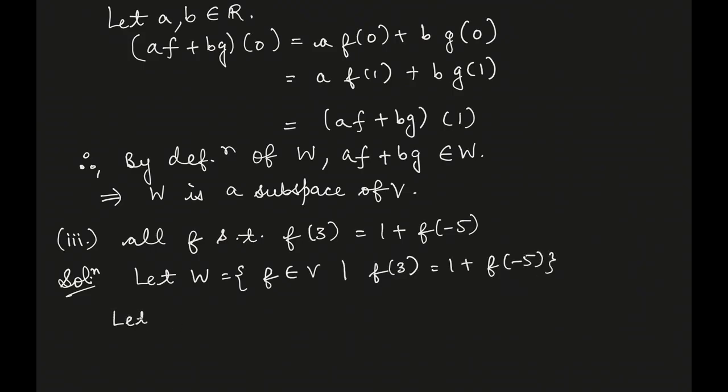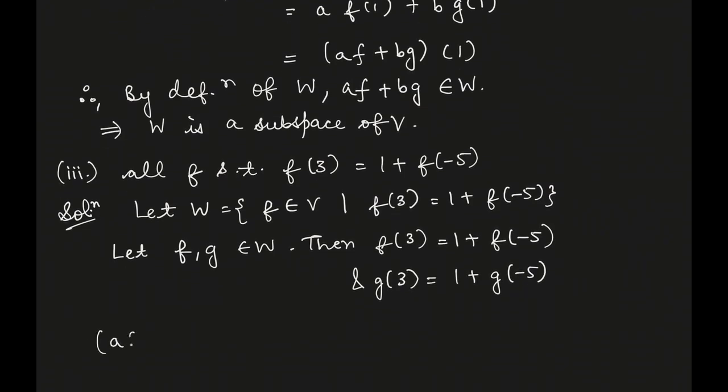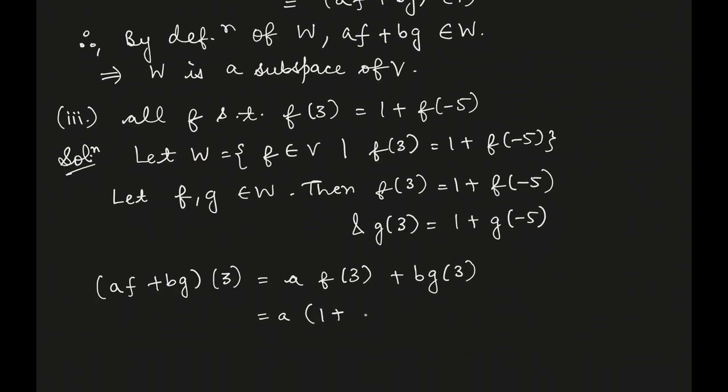So let f, g belong to W, then f(3) is equal to 1 plus f(minus 5) and g(3) is equal to 1 plus g(minus 5). So (af plus bg)(3) will be a f(3) plus b g(3), and f(3) is 1 plus f(minus 5), so a (1 plus f(minus 5)) plus b (1 plus g(minus 5)).